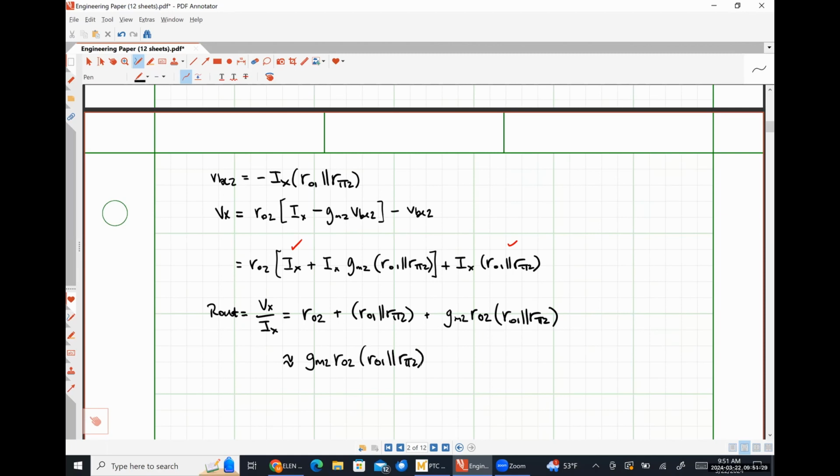Meaning the expectation is that that third term is significantly larger than R01 in parallel with R pi 2 by itself, which is very obvious because it's GM2 times R02 larger. And we're expecting that the term is also larger than R02, which should be obvious because it's GM2 times R01 in parallel with R pi 2 times larger. So 90-ish% of the time, we should be able to assume that we can throw those two resistors away. But if we want to be very formal, we could just do the whole thing.